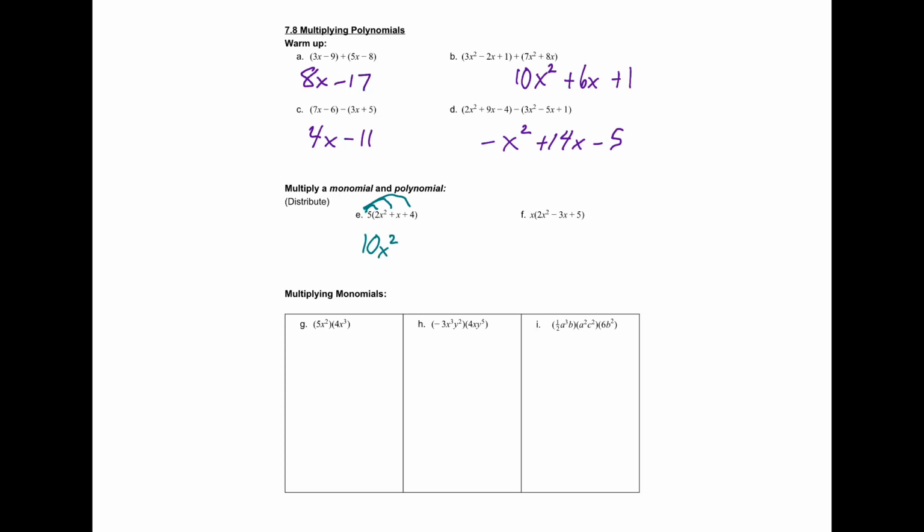And then we do the next part, so right here, so 5 times 1x gives me 5 x's. Right, if I have one of something and I multiply it by 5, then I've got 5 of them. And then the last one, 5 times 4, is going to be 20. And that is our answer for that problem.